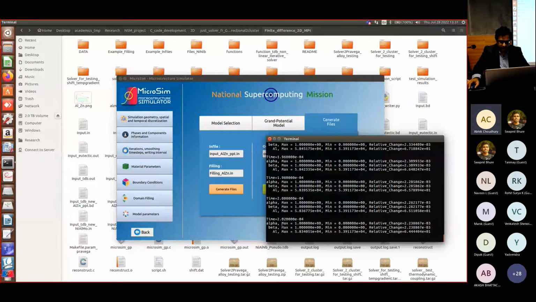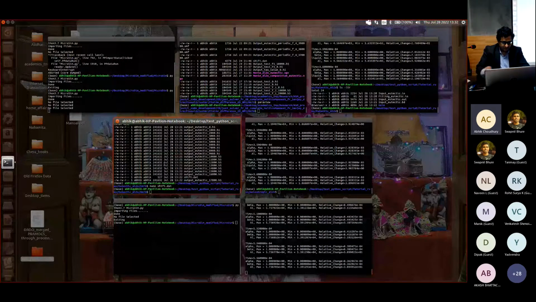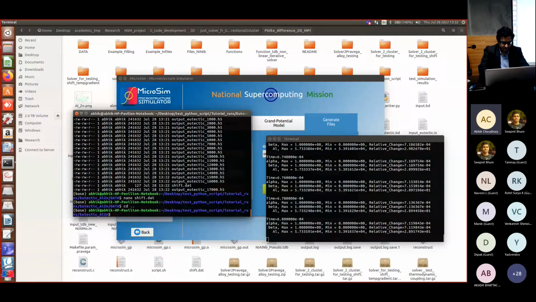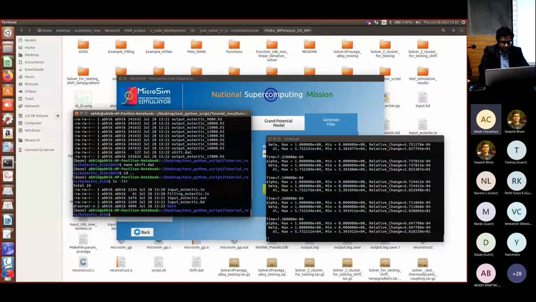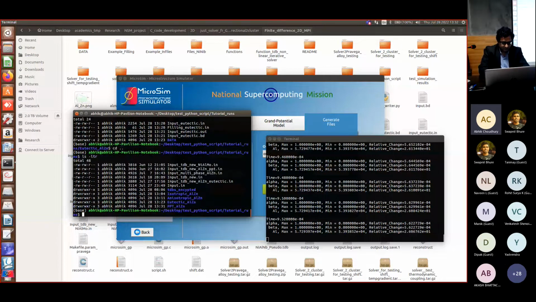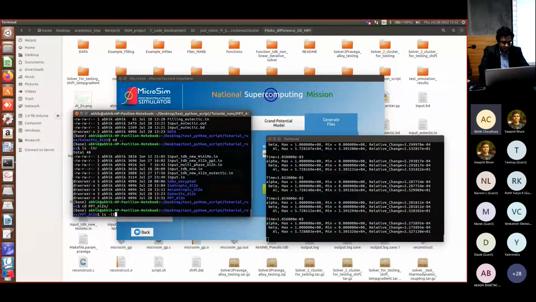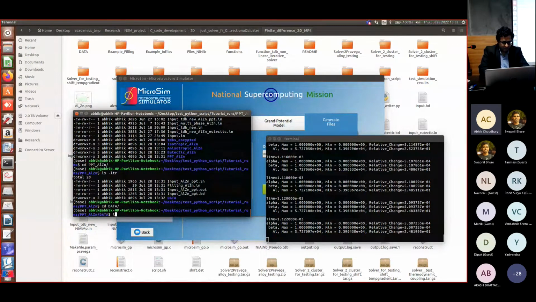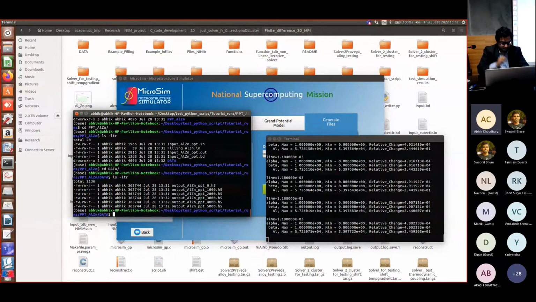Now you see alpha and beta, they are the only 2 phases, and aluminum, which is the component that I'm solving for. So let's go and check what is happening in the folders.